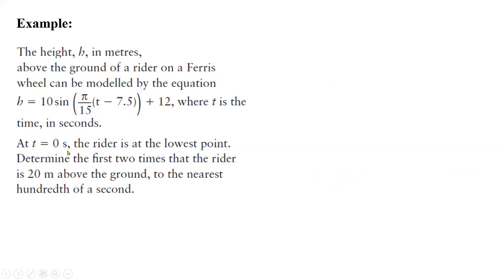At t equals 0 seconds, the rider is at the lowest point. Determine the first two times that the rider is 20 meters above the ground to the nearest hundredth of a second. Okay, again, I'll give you 10 minutes to think about this question by yourself first. Then after that, we'll look at the solutions together, okay? You can start now.